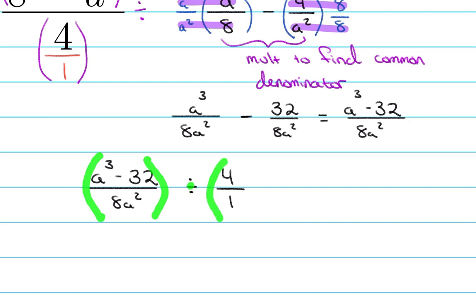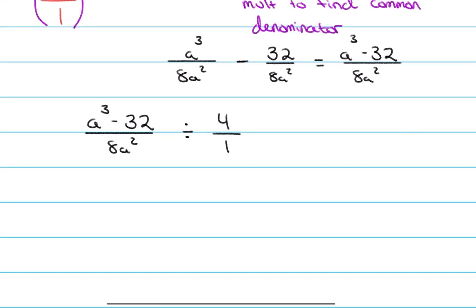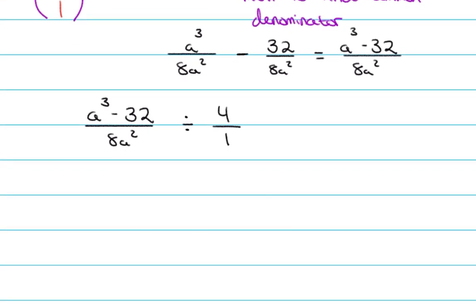How do you divide fractions? You keep the first, so a cubed minus 32 over 8a squared. Division becomes multiplication because we are going to multiply by the reciprocal, and then we are going to flip this fraction here.